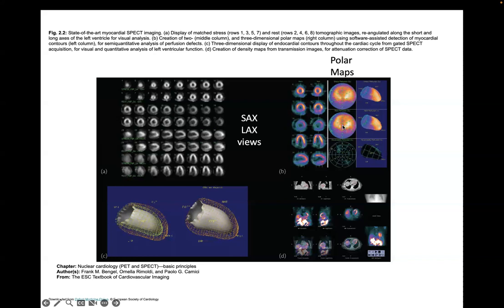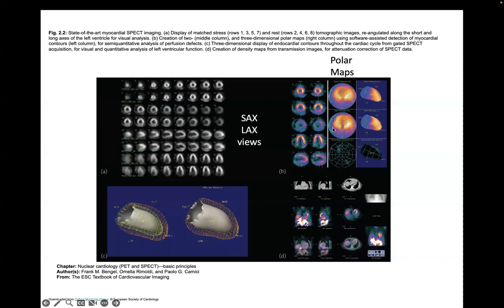At the bullseye, right in the middle, is the apex of the myocardium, so that's this point right down here. And then the rest of the heart is mapped out radially such that this circle here corresponds to one of these very basal short axis views here.